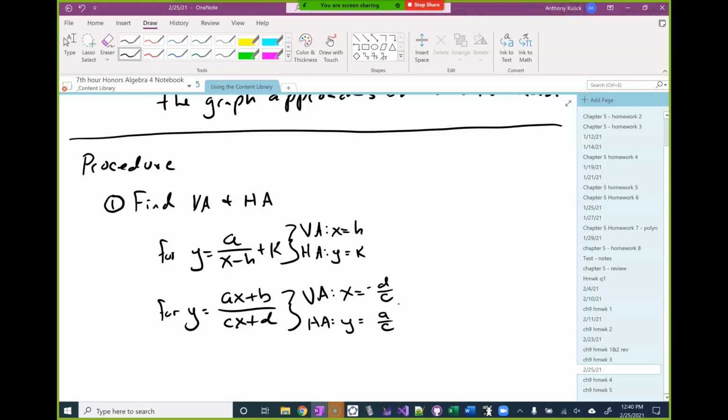If you look at these two equations for the vertical asymptote, where do you think these are coming from? Those are just the values that give us a zero denominator, right? Essentially, all you're doing is setting the denominator equal to 0 and solving, and that's going to give you your vertical asymptote.